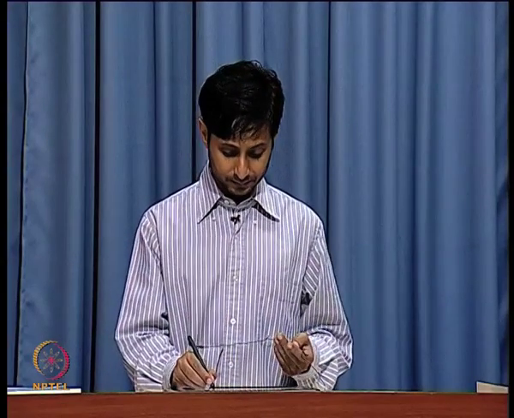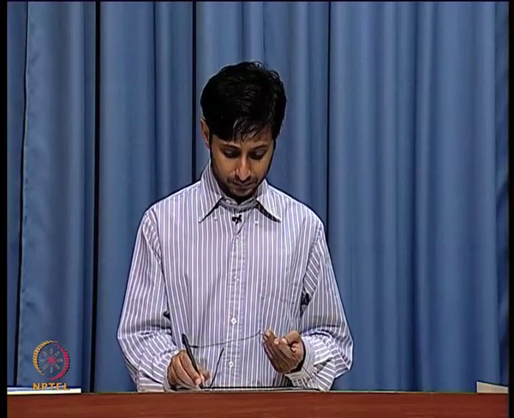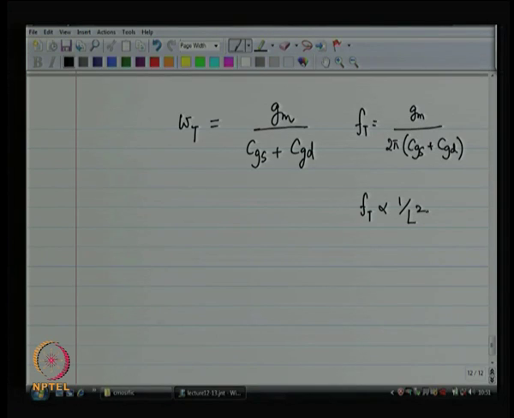What about length of the MOSFET? When I increase the length of the MOSFET, GM is going to decrease, CGS is going to increase proportional to the length. So, FT is going to decrease proportional to length squared. Okay.